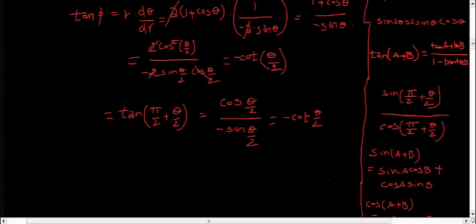If you know these three identities, tan of a plus b, sin of a plus b, cos of a plus b, that is sufficient for us to derive this on the fly.